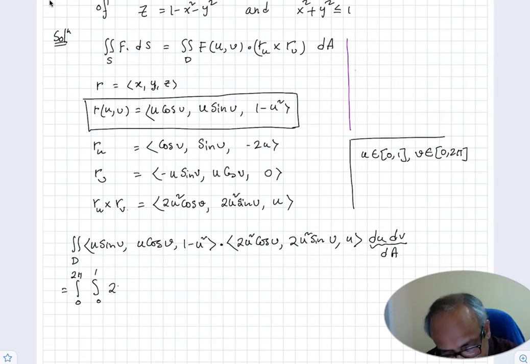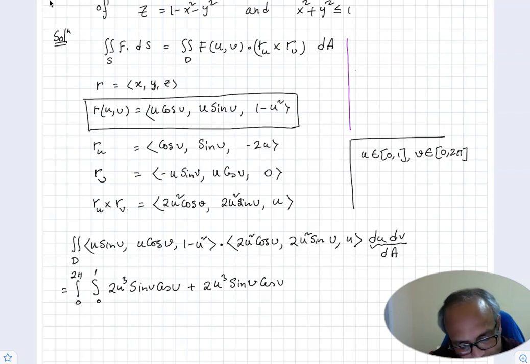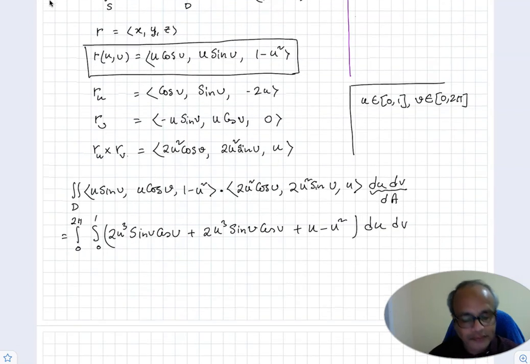So it will be 2u cube sin v cos v plus middle term 2u cube sin v cos v, and then you're getting u times 1 minus u square, so u minus u cube. Maybe put a bracket here, and inner integral is u, outer integral is with respect to v.